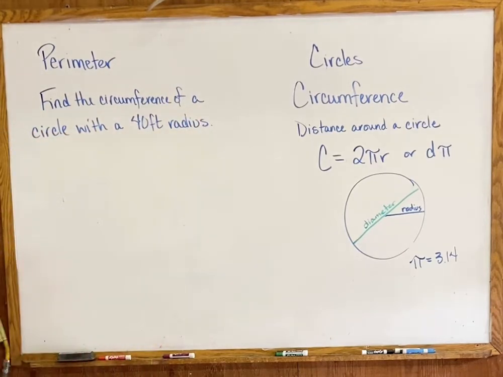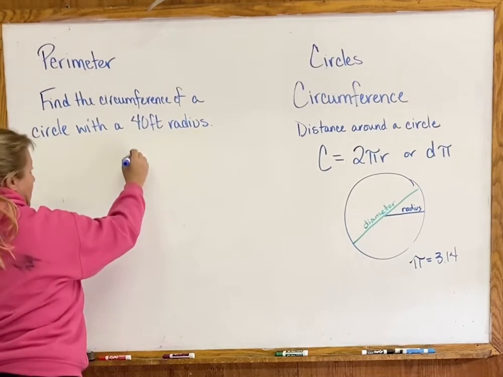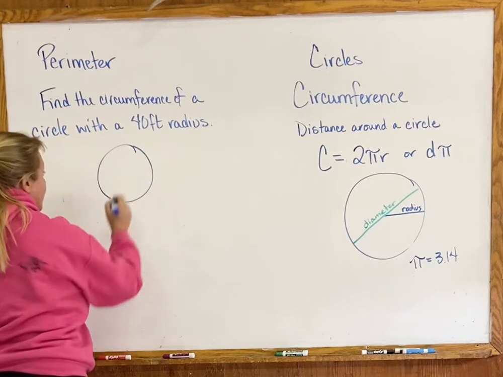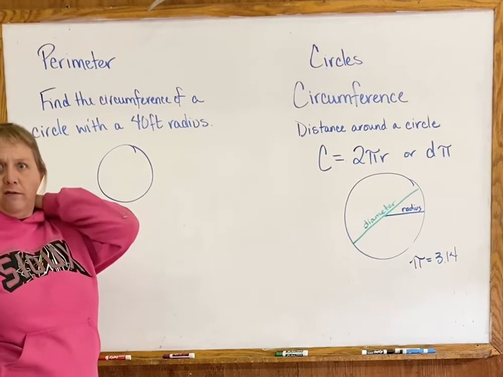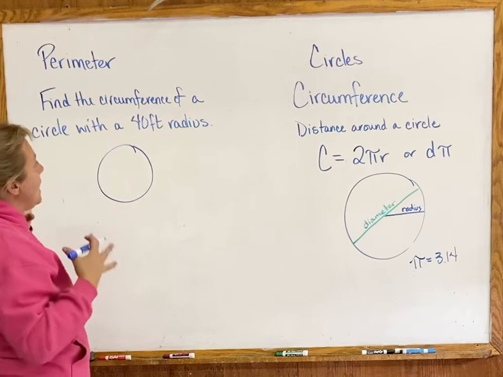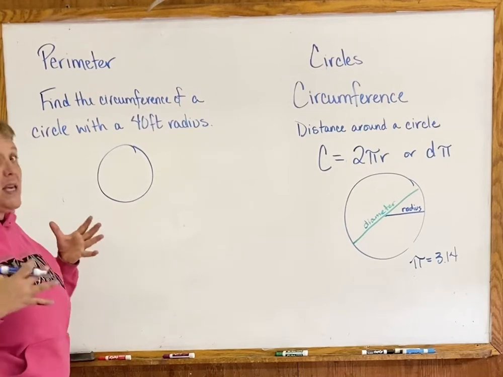Now, if they don't draw you a picture and they actually write it out in words, your best bet is to give yourself a picture. Draw yourself a little drawing. It doesn't need to be good. No one said you have to make perfect circles or anything. And label what you're given, and be careful.